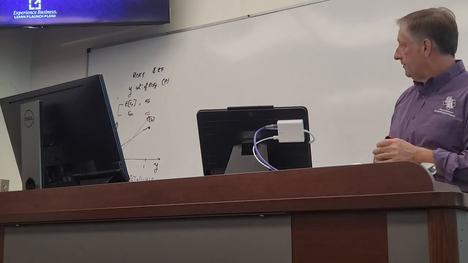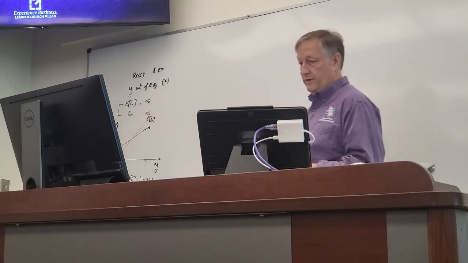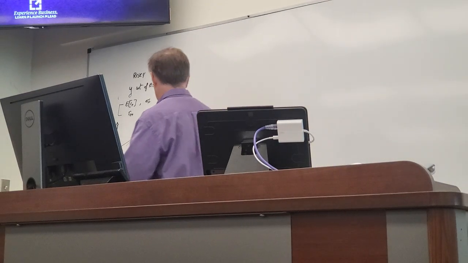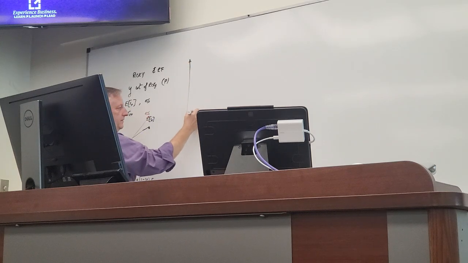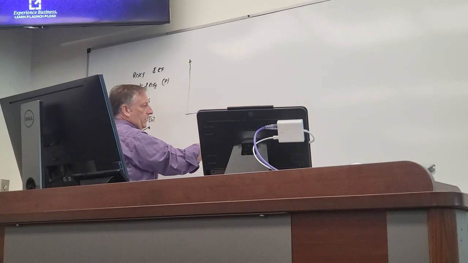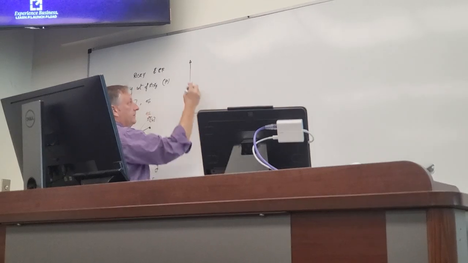So out of those infinite portfolios that you can create, which one is the best for a specific investor? Well, you ended up with this other graph that links weight and utility.